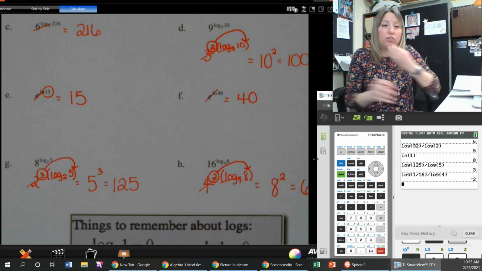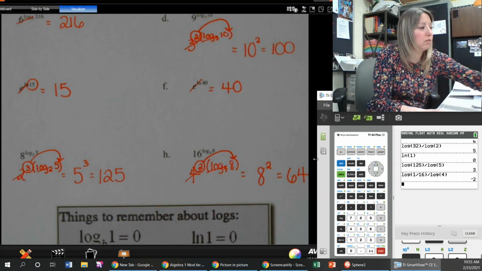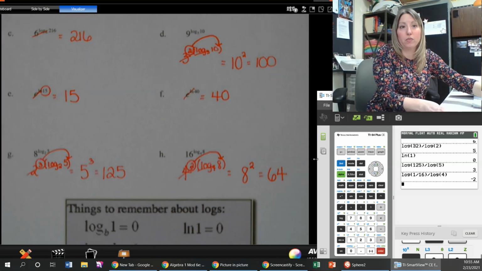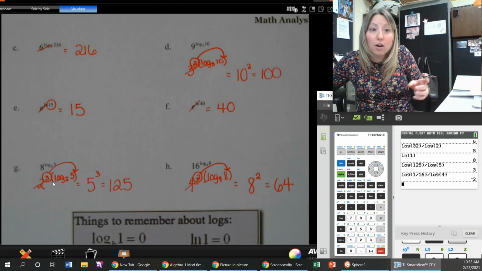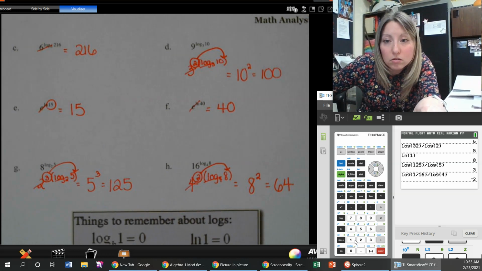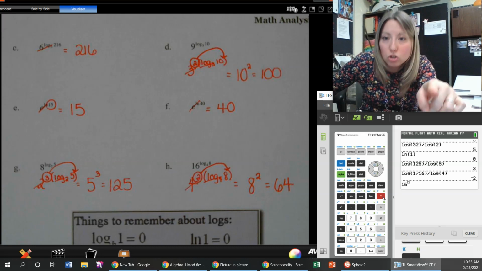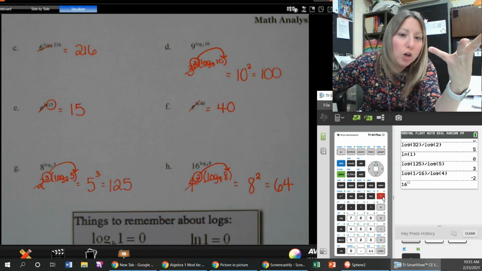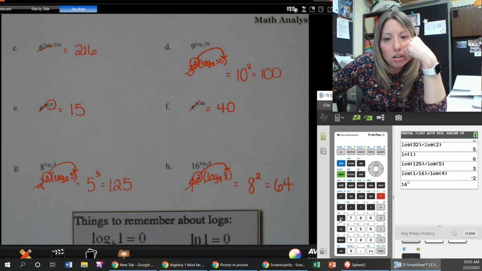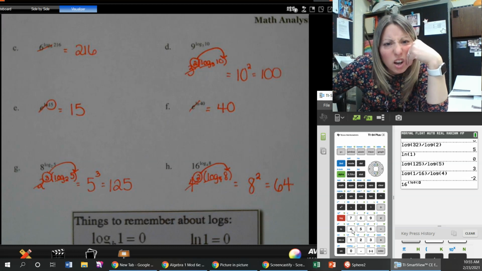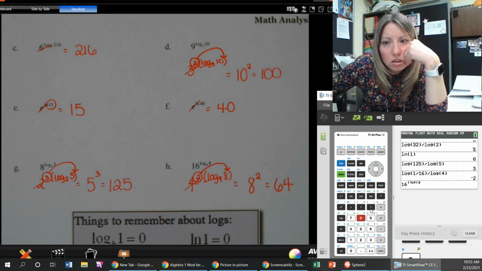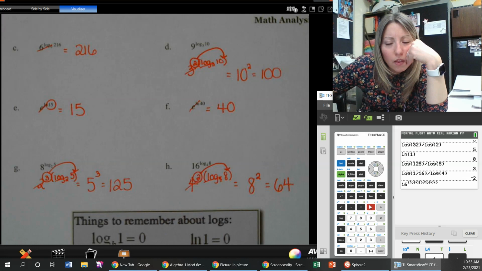Okay? And just by the way, you can test that in your graphing calculator. So 16 raised to, oh, I've just got to convert it. Log, let's see, let's do front parenthesis, log base 8, and then divided by log of 4, and then one big end parenthesis here, right?